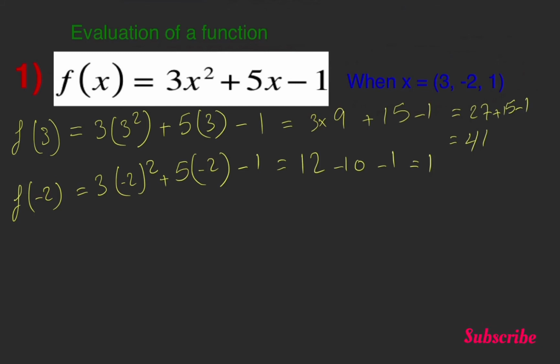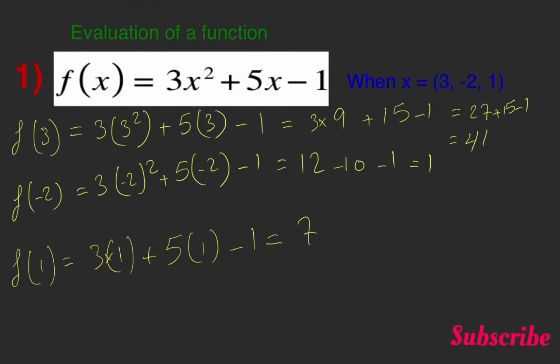So the third example, f of 1 is 3 times 1 plus 5 times 1 minus 1, which is 3 plus 5 is 8, minus 1 is 7. That's it. This is the only way you can evaluate the numbers.